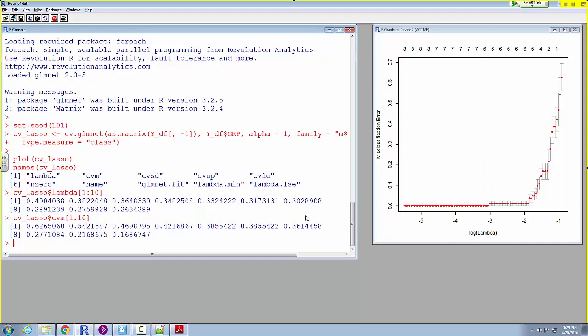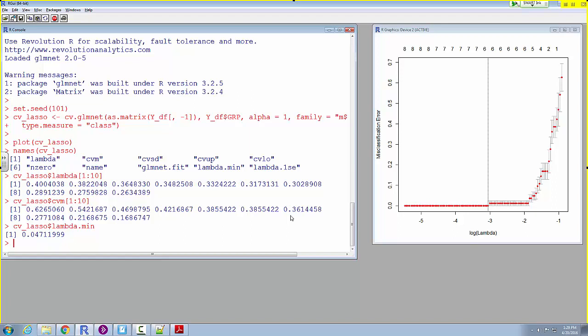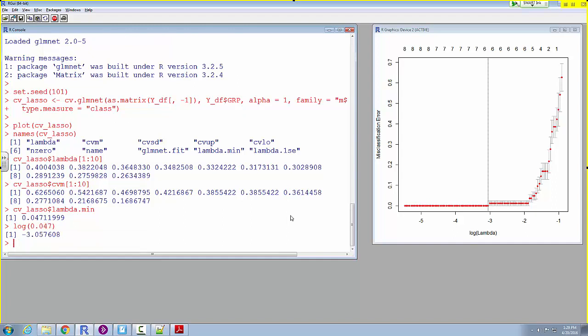But the best choice, if you were to ask the picture, is this guy over here, lambda.min. So log of 0.047 is about -3, a little behind -3. Okay.